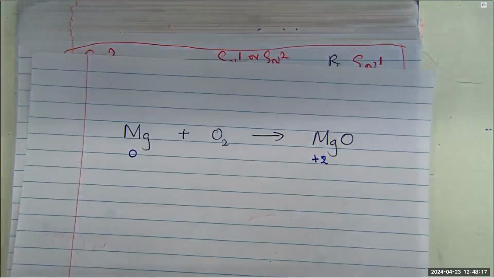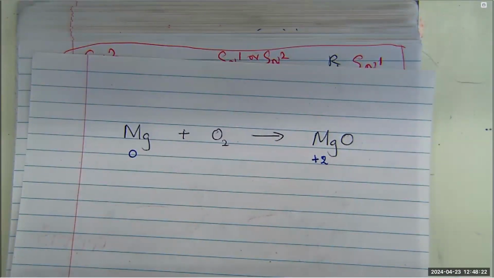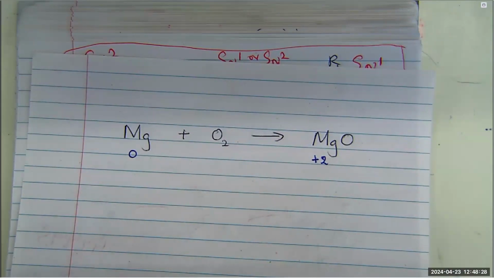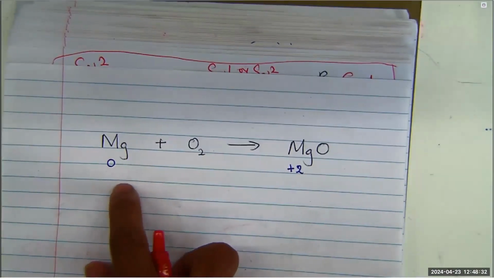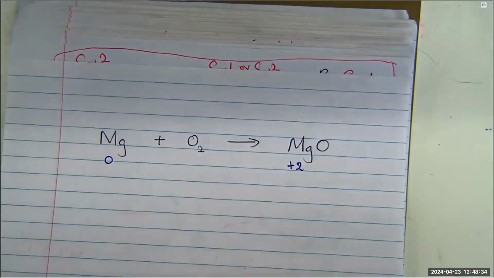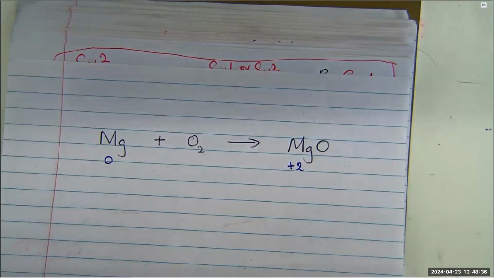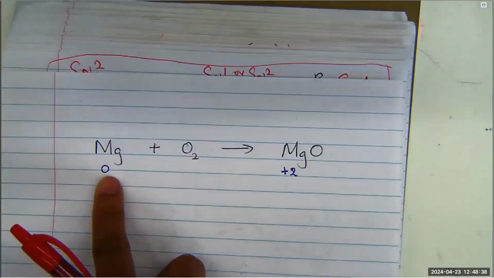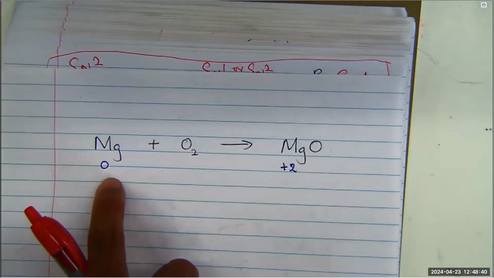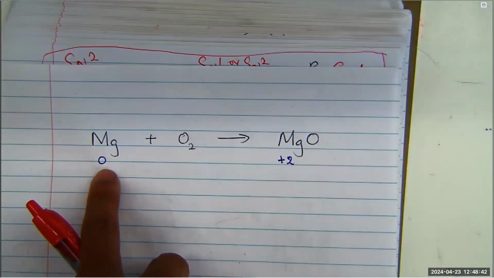Now here's what is important for us. This charge is also referred to as the oxidation state. You see that the oxidation state of magnesium has increased.